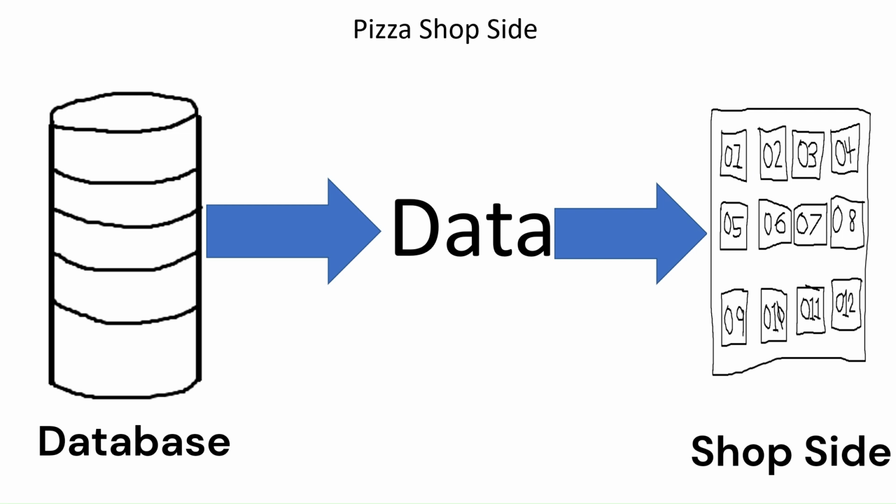Any sufficiently complex or large application will probably have similar parts. You'll have the client side, which is what the customer is using, and that's going to be generating data that's going to be sent to a database, and that database will be read by something, whether the customer again later or a server for computation or different things like that.